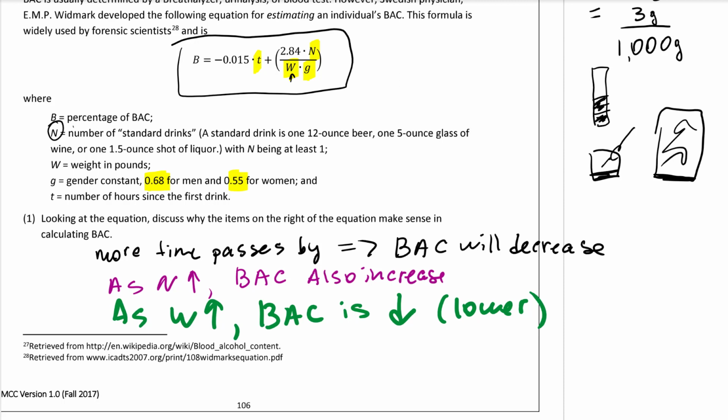Surprisingly, even though all of the parameters are the same, that number for female biological gender is smaller. When you're dividing by a smaller number, because it's in the denominator, your fraction actually gets bigger. So for female, the blood alcohol content is going to be higher than male because of the biological factors.